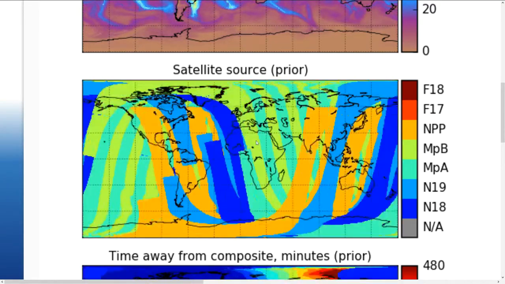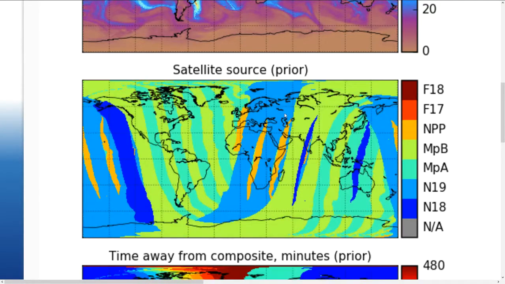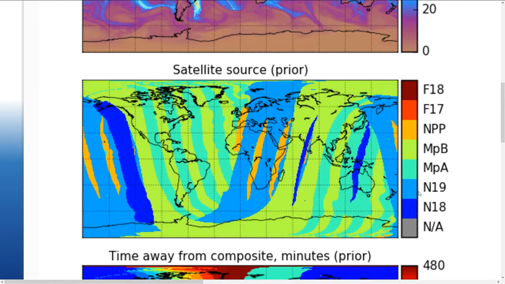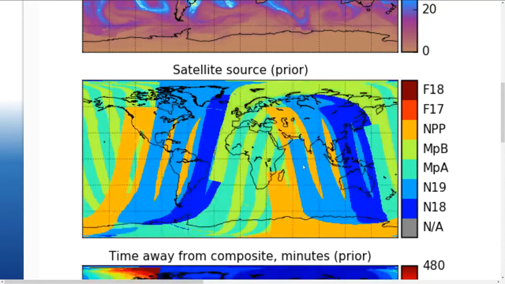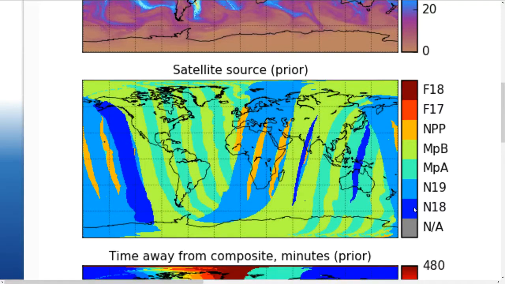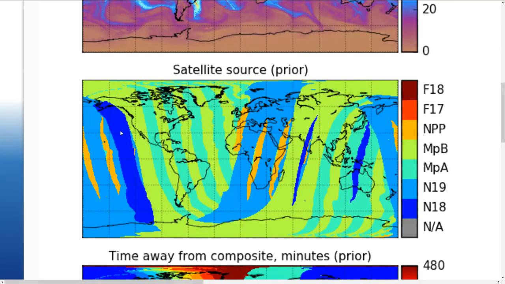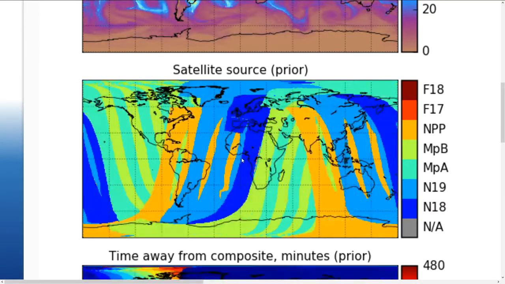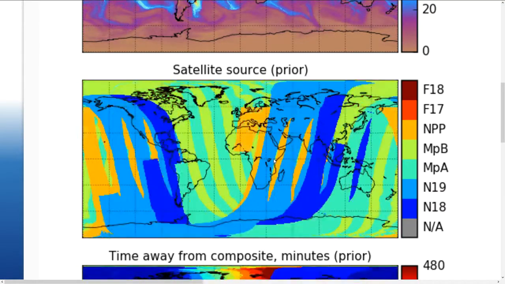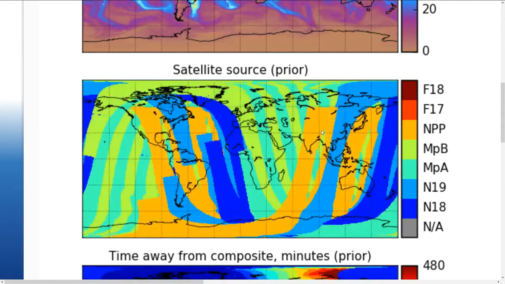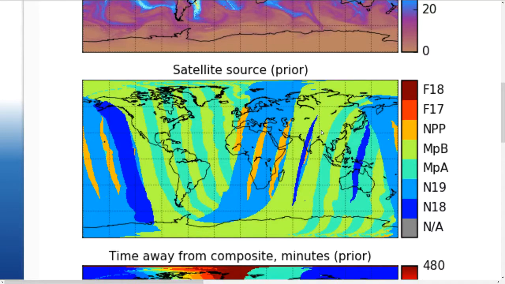So every time you see a swath here, like this blue one, that's coming from the N-19 spacecraft here. Every time you see a deep blue one, it's coming from the N-18 spacecraft, the NOAA 18 spacecraft here. So this one is the NOAA 18. The movie is moving because as time passes, the spacecraft take different swaths over the Earth.